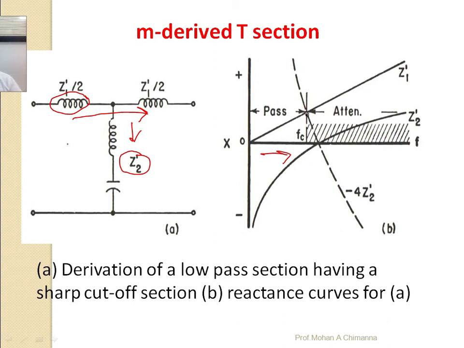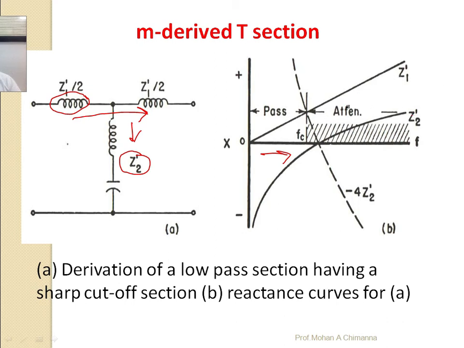Once time increases, the change of current with respect to time also increases. That's why it is a linear relationship. And once current flows through the inductor and the capacitor, the capacitor continuously charges up to this point.